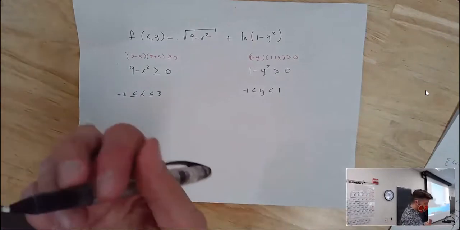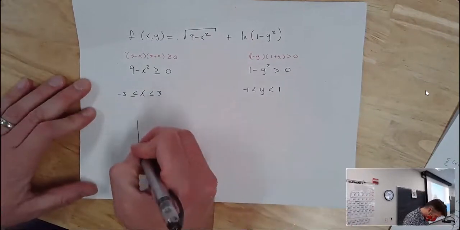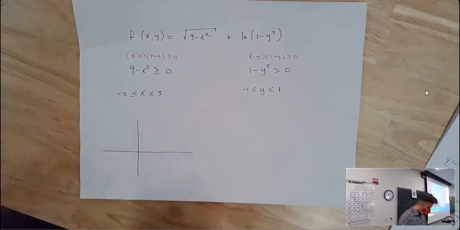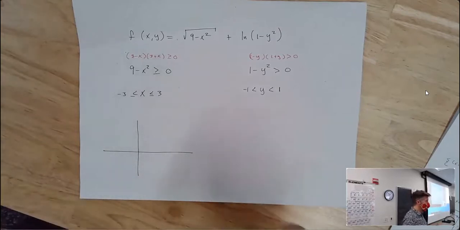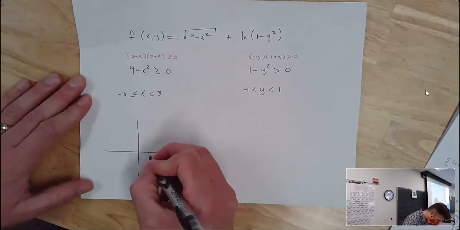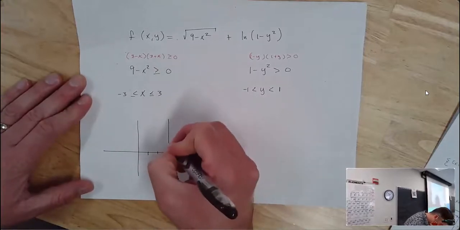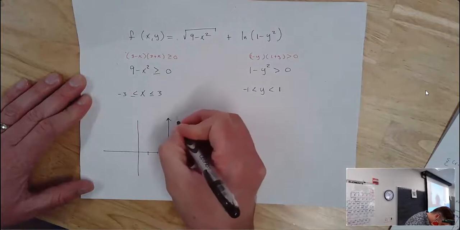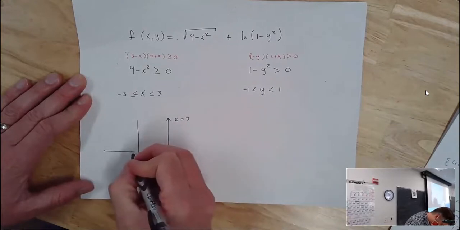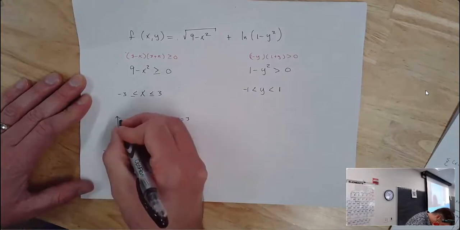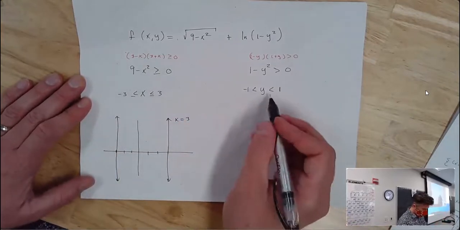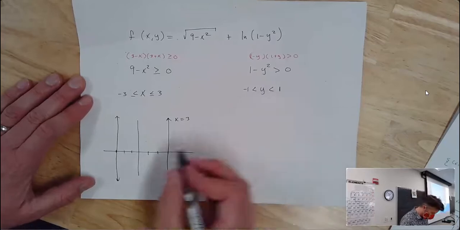So let's graph the domain. So x has to be between 3 and negative 3, including the boundary. So I'm going to draw bold, solid vertical lines, x equals 3 and x equals negative 3. And then y between negative 1 and 1, but I don't want to include those boundaries.